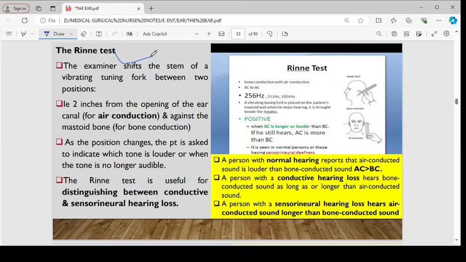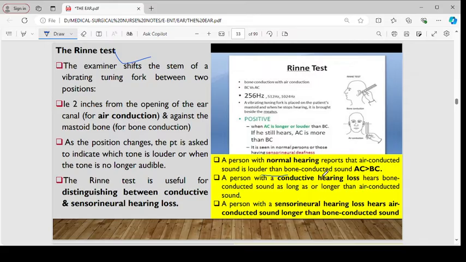So when conducting the Rinne test, a person with normal hearing will report that air conducted sound is louder than bone. So AC is greater than BC. For a person with conductive hearing loss, they will find that bone conducted sound is as long or longer than air conducted.